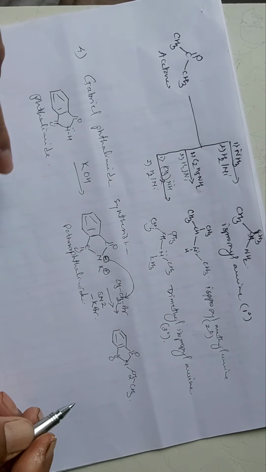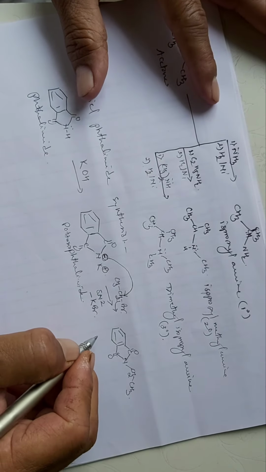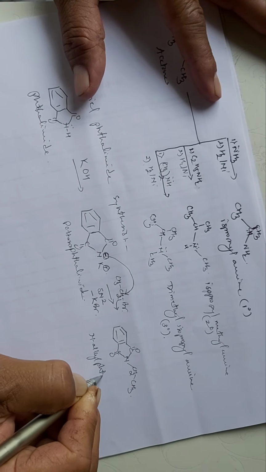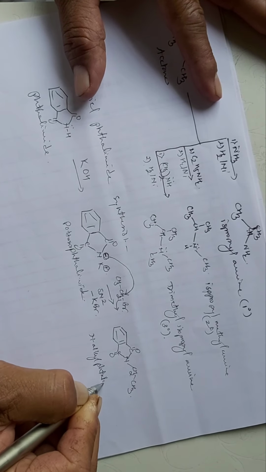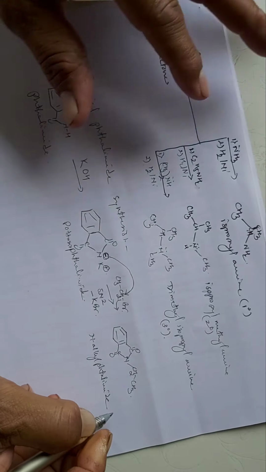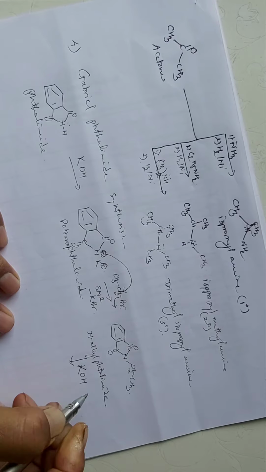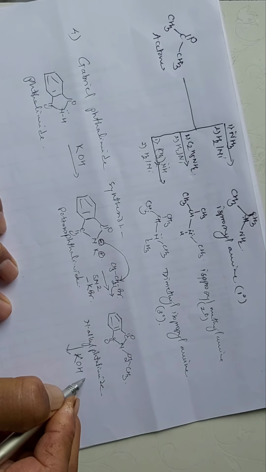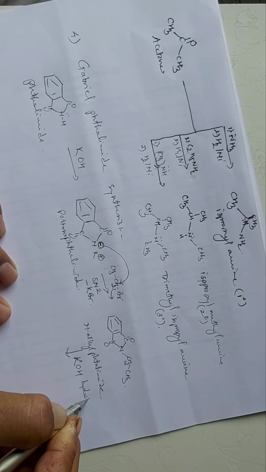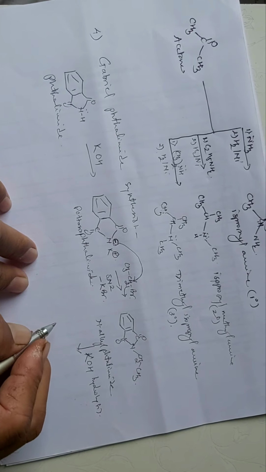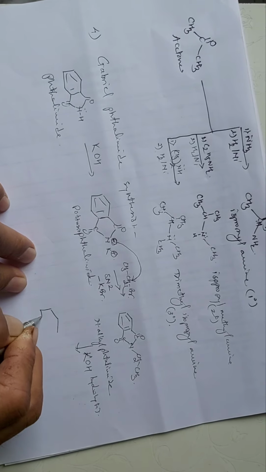NCH2CH3. So this N-alkyl phthalimide is allowed to undergo hydrolysis with KOH, and this hydrolysis will give you the formation of potassium phthalate and ethyl amine.